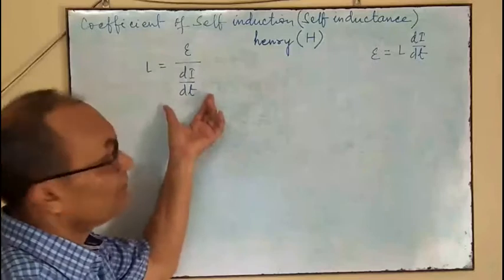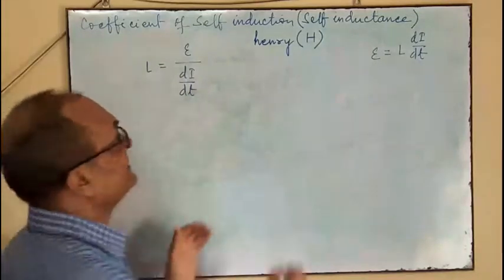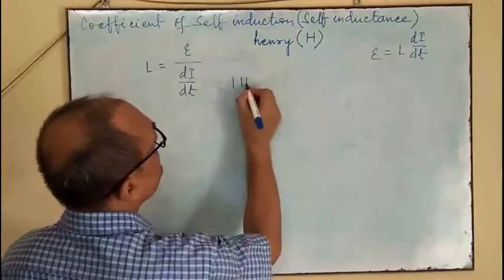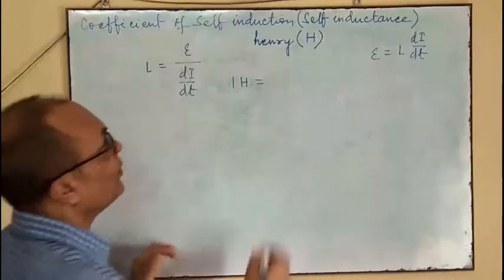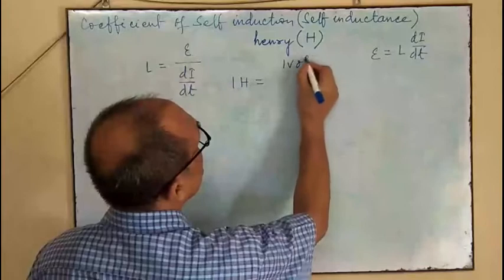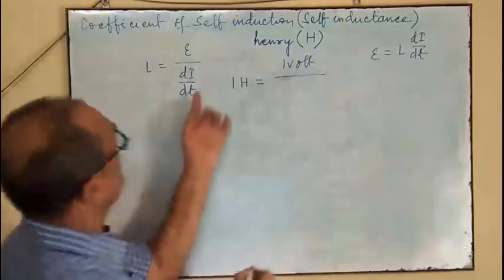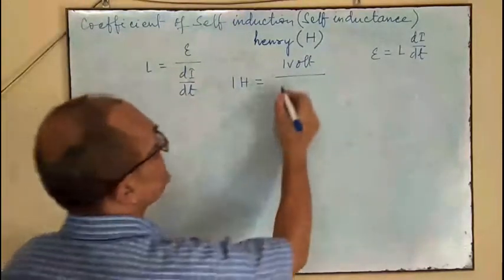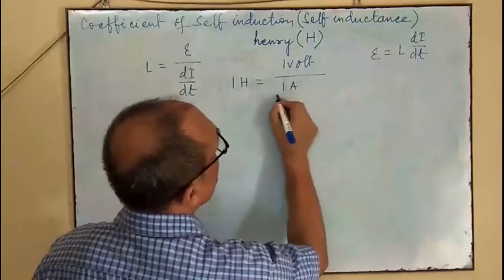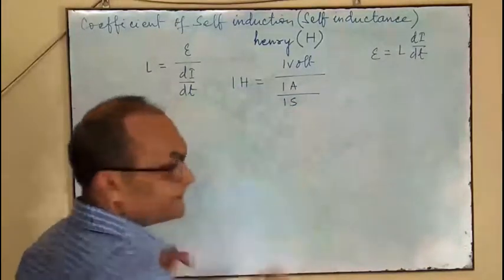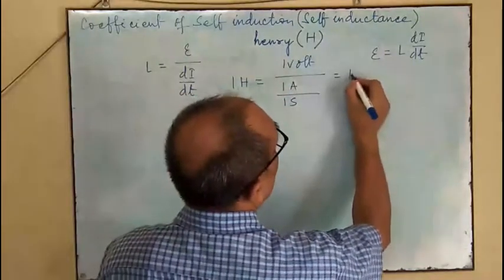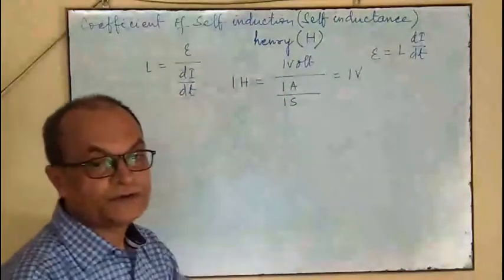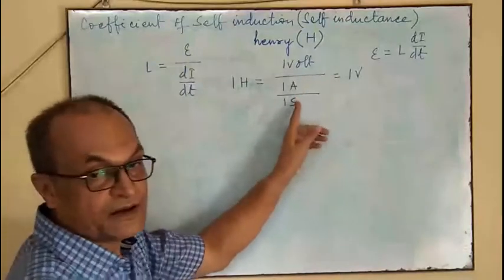So from this we can say that 1 Henry equals 1 volt divided by dI by dt, which is 1 ampere per 1 second. Now this will be equal to 1 volt second per ampere.